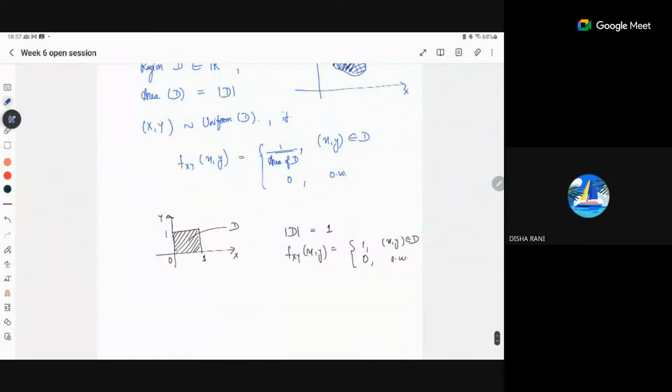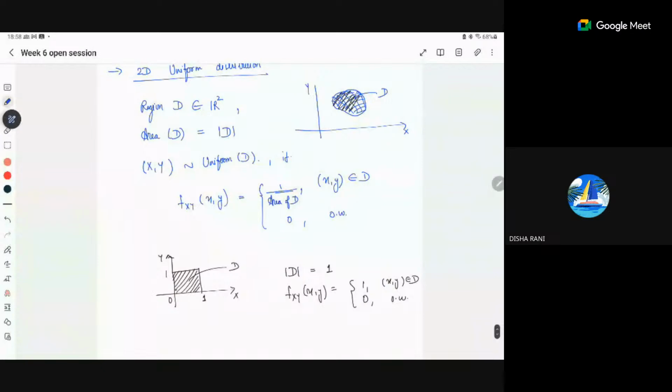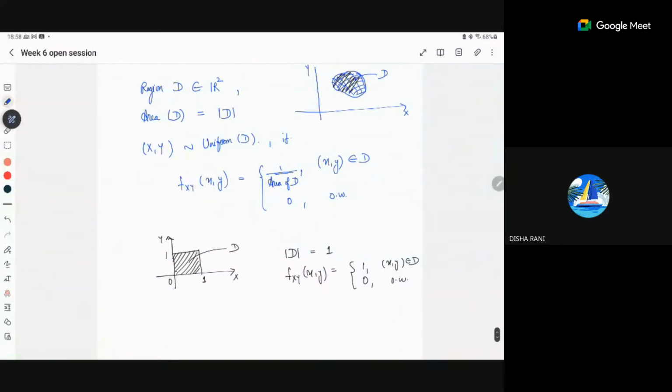Area of D we can calculate. So from this definition, what are we saying? Let's say this is my region D, a unit square of area 1.